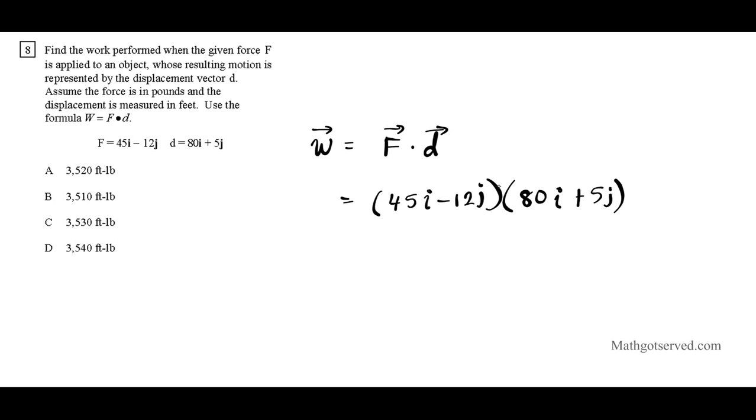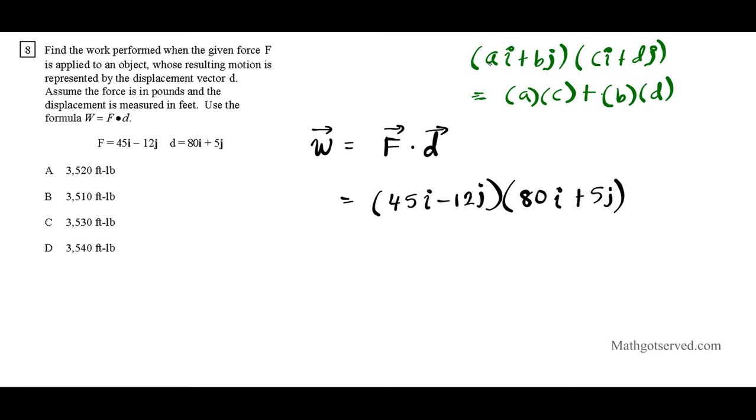Okay, so remember the formula for finding the dot product. Let's write it up here. You have ai plus bj being dotted with ci plus dj. All you simply do here is you multiply the i components, a times c, and add it to the j components, which is b times d.